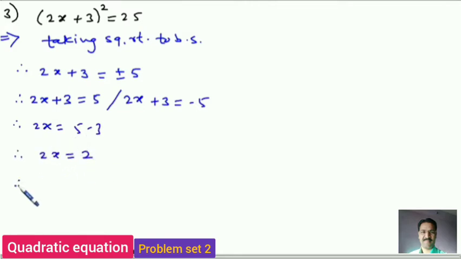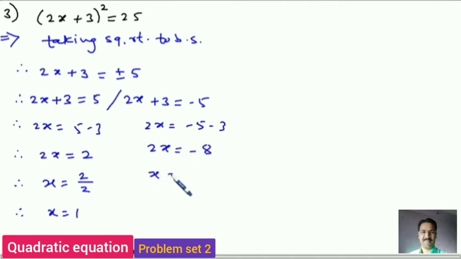So x is equal to 2 by 2, means x equal to 1. Now this side, 2x equal to minus 5 minus 3, 2x equal to minus 8. So x is equal to minus 8 by 2, means x equal to minus 4. Like this we can find the values of x. Understand? This is one of the very easiest examples.